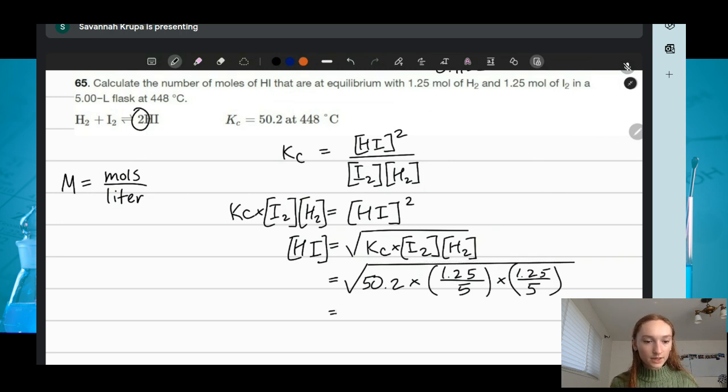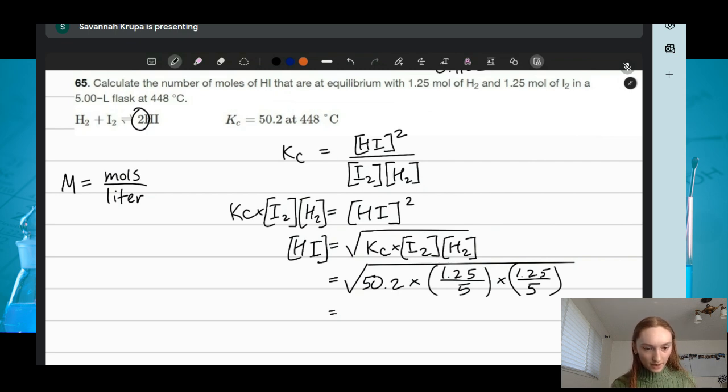And so when we divide everything out, we will get an answer of, let's see here. Let's do this on my calculator first. So 1.25 divided by 5 times by the same thing, times by 50.2, and then the square root of that.